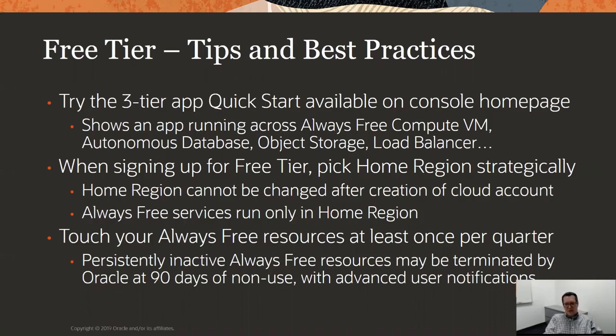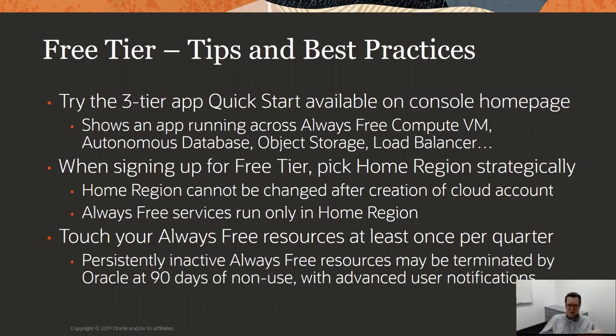And I've seen some clever things on the web already. Dimitri had an interesting post whereby he was having his free cloud VM ping his free autonomous database, and then using an Apex Web Service call, he was having the free autonomous database ping back the cloud VM.